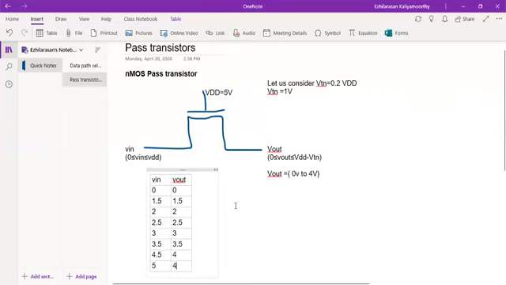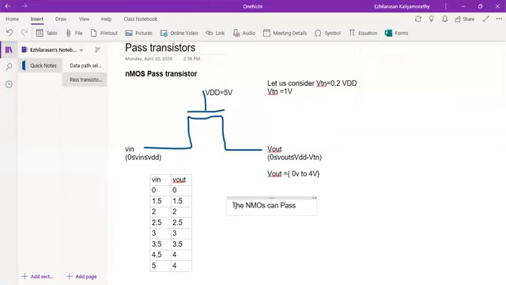Due to this, the NMOS can pass strong 1 and weak 0. This is the complete summary for our NMOS: the NMOS can pass strong 1 and weak 0.